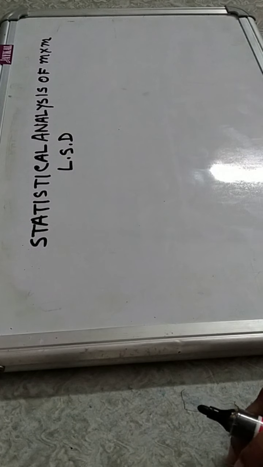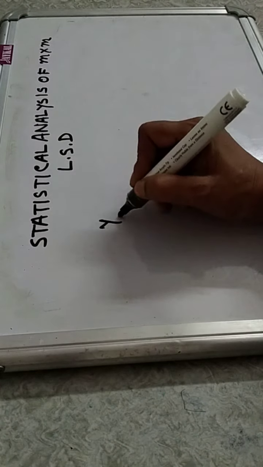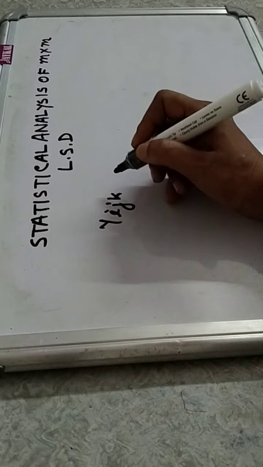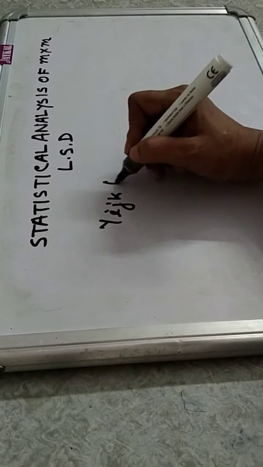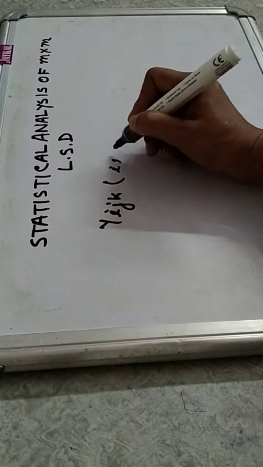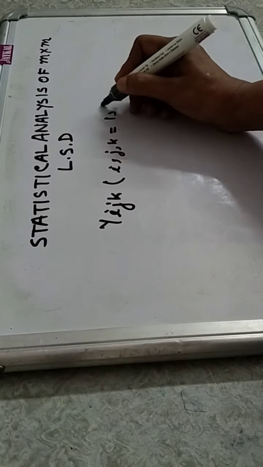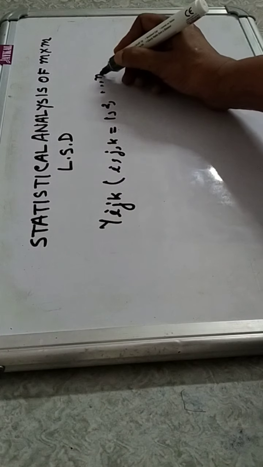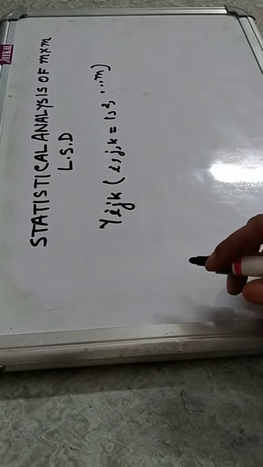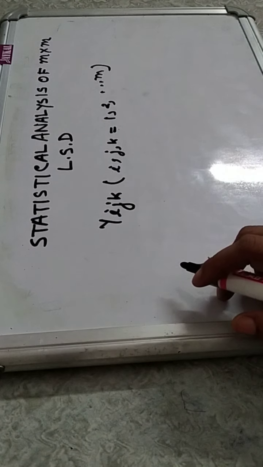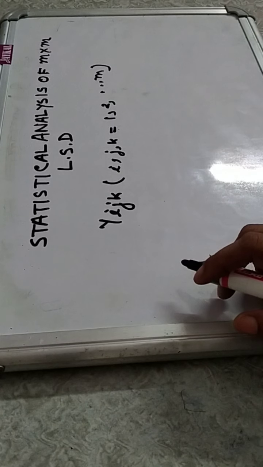Let Yijk, i, j, k equal to 1, 2 up to m, denote the response from the unit, that is plot in field experimentation, in the ith row, jth column and receiving the kth treatment.